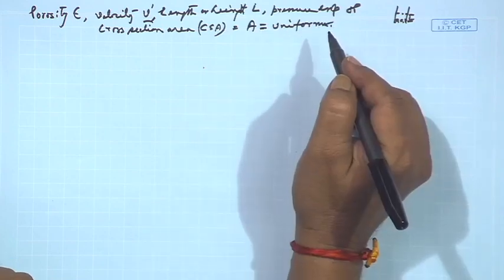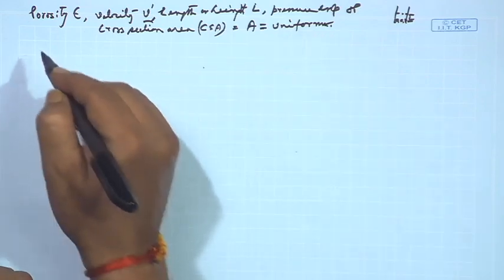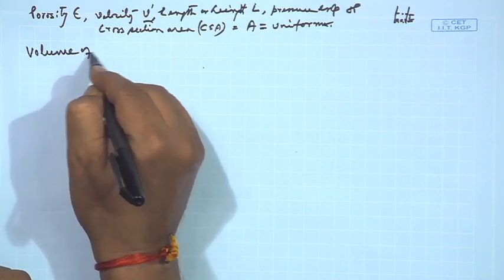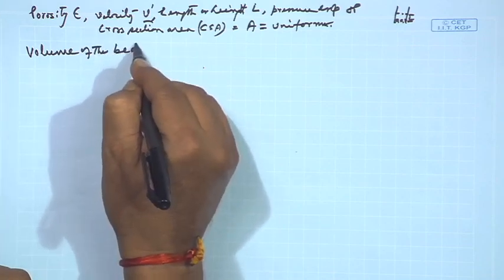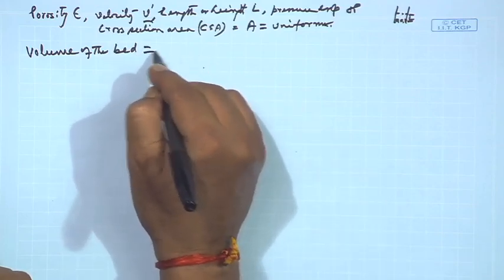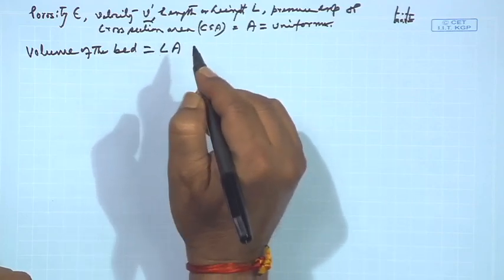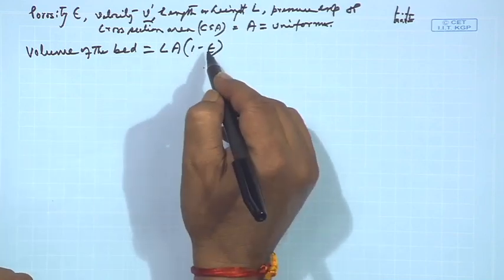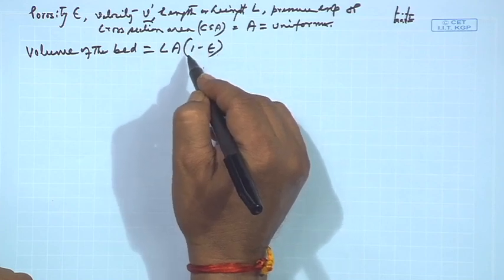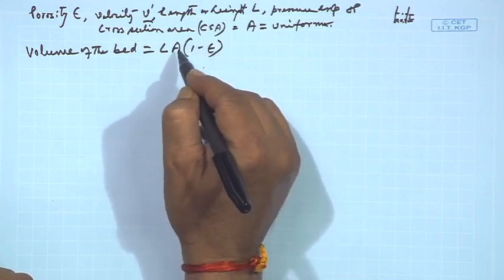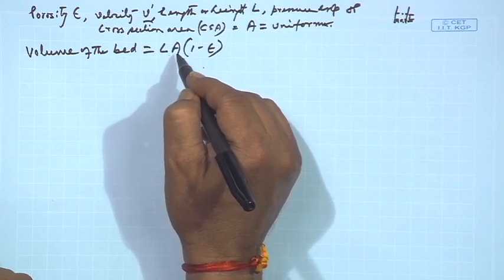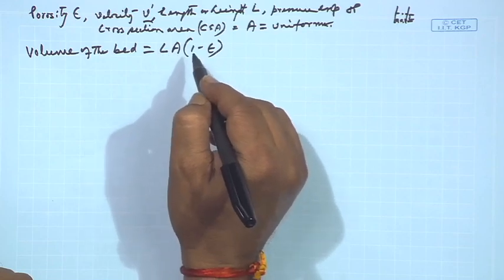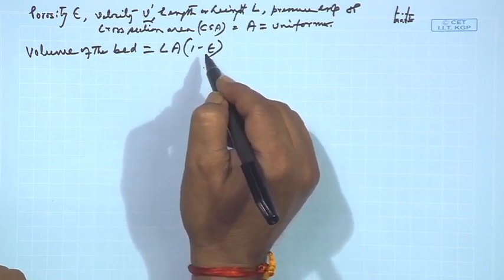Then we can say the volume of the bed is equal to L into A into 1 minus epsilon. If epsilon is the void, the remaining solid is 1 minus epsilon. So, the area is uniform and L is the height, so the volume is L A into 1 minus epsilon.